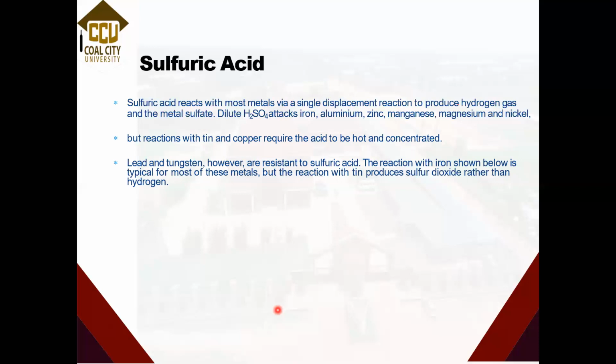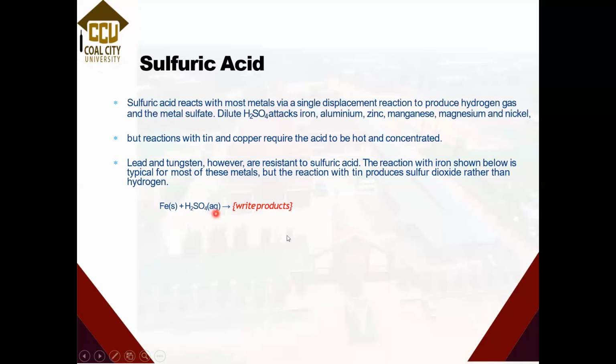The reaction with iron shown below is typical for most of these metals, but the reaction with tin produces sulfur dioxide rather than hydrogen. So you can see the reaction here that was shown with iron. Iron reacts with H2SO4 to give you iron sulfate plus hydrogen gas. So hydrogen gas will be evolved.